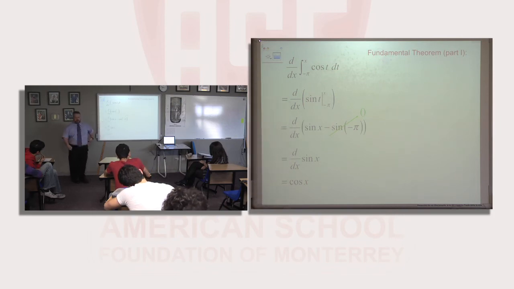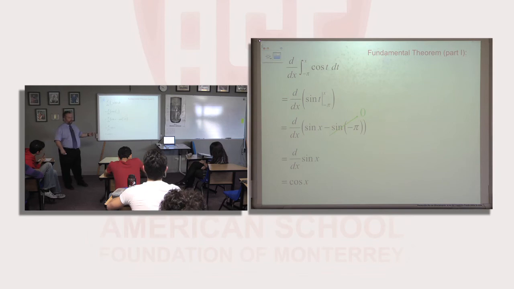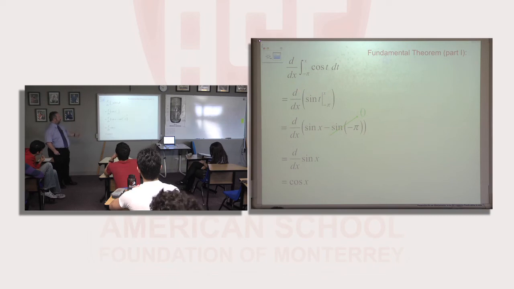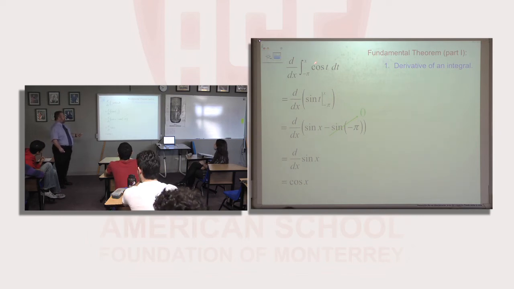Yeah? So we could do this the long way. We could do this without using the fundamental theorem of calculus part 1. Or we could use the fundamental theorem of calculus part 1. But in using the fundamental theorem, first we got to make sure it meets the criterion. The first criterion was, do we have the derivative of an integral? Yes or no? Yes. The second criterion is the derivative matching the upper limit of integration.